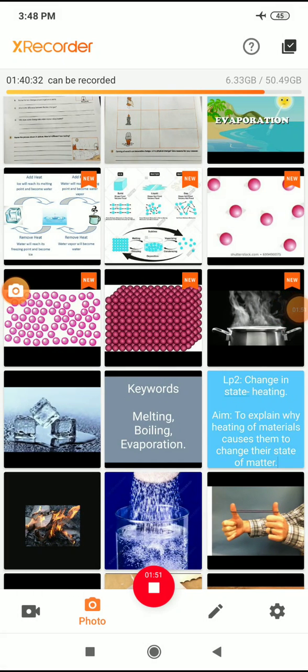See what happens in ice: the small particles are very tightly packed. All things are made up of small particles, we have discussed. So ice is also made up of particles, and these particles are closely packed.